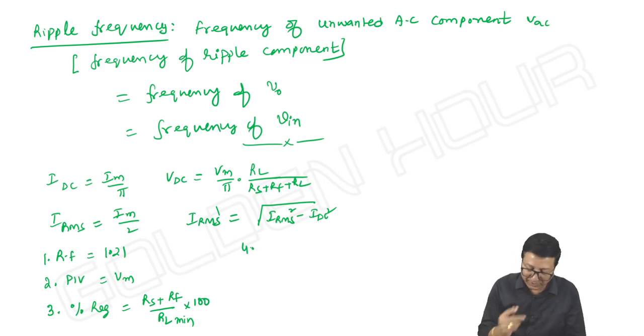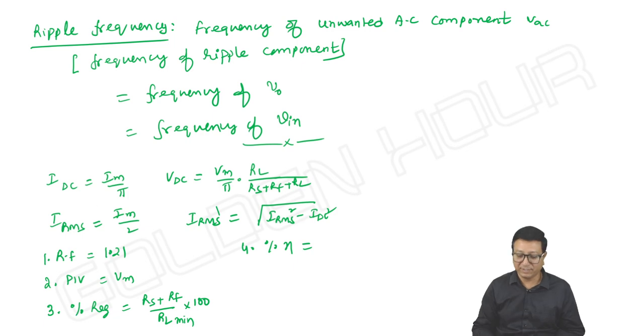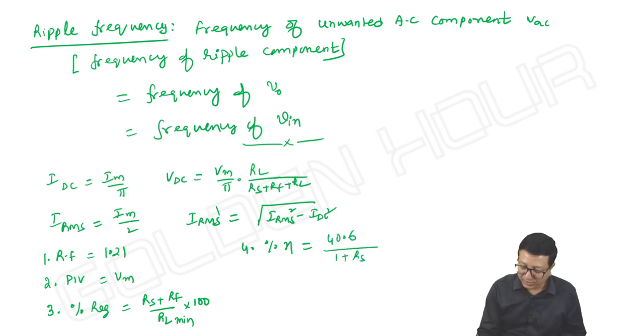And the fourth parameter, the percentage efficiency. There is a difference between efficiency and transformer utilization factor. It comes to be 40.6 by 1 plus RS plus RF by RL, or 40.6%. Next one is the percentage TUF, transformer utilization factor.